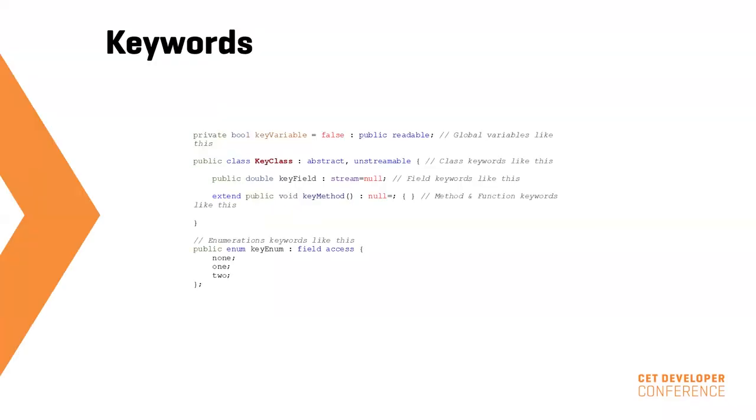Okay, keywords. They're decorators that you can add to fields, classes, functions, methods, and enums. They always look like this, with the colon keyword at the end of your declaration. If you need multiple, you can separate them with a comma. There is a great wiki article on this that lists, I think, all of them.